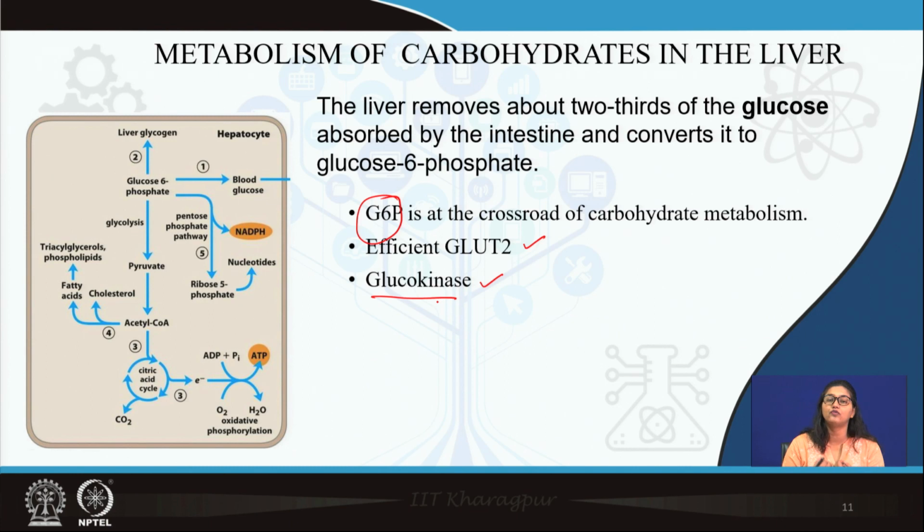Another important feature of glucokinase is that it is not inhibited by the product, glucose 6-phosphate. So, even if glucose 6-phosphate is built up inside the cell, glucokinase continues its action till the blood glucose level drops. So, it is not inhibited by glucose 6-phosphate.